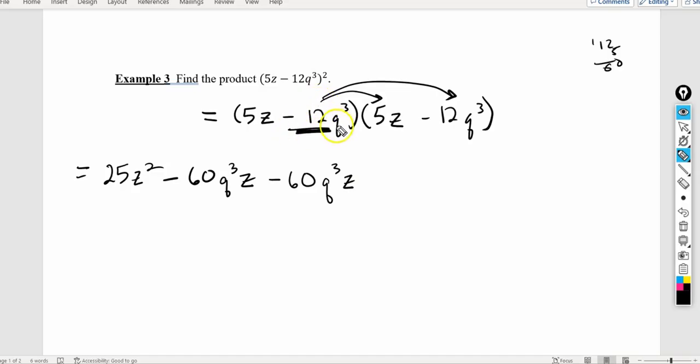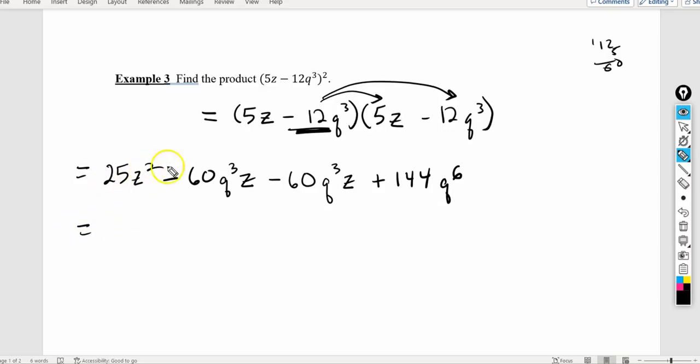Then I have negative 12q cubed times negative 12q cubed. Negative 12 times negative 12 is positive 144. Now, q cubed times q cubed is going to be q to the power of 3 plus 3, which is 6. And now I just have to gather like terms.